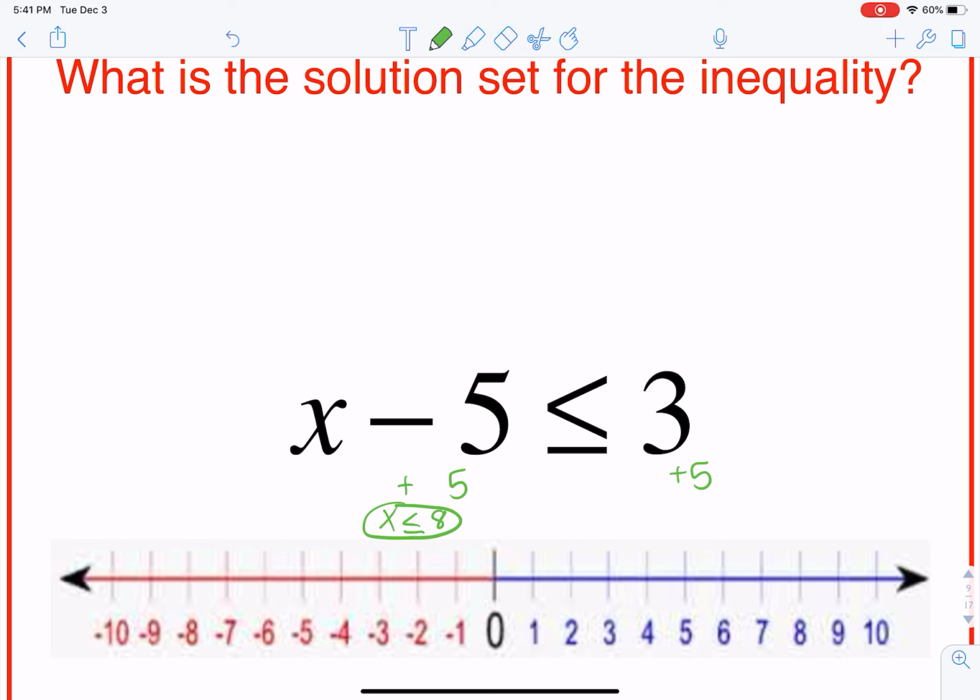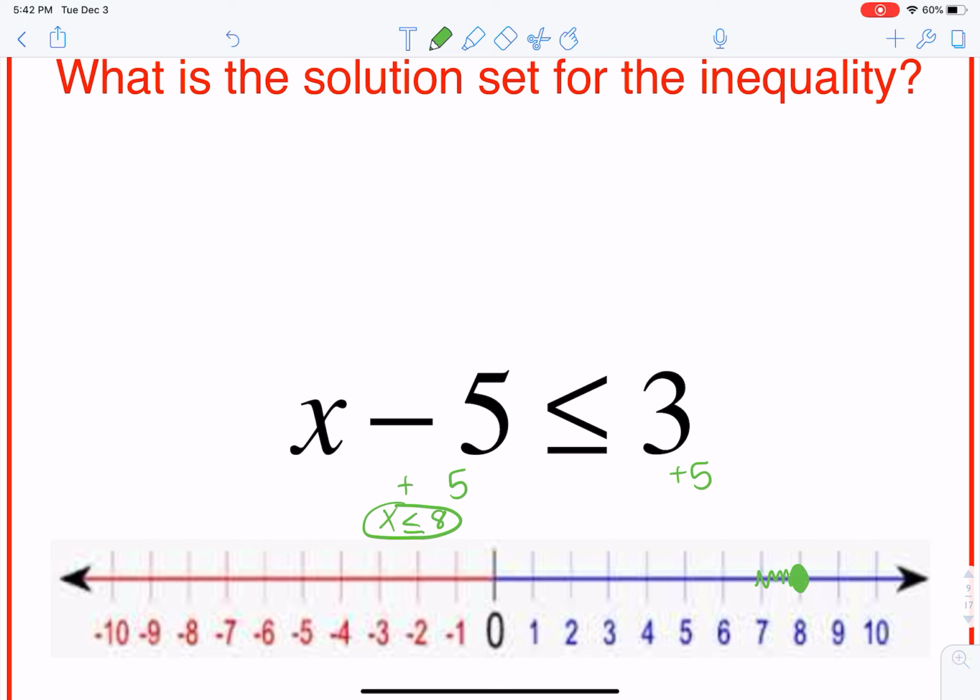And I can go ahead and graph this, and I can put a closed circle on 8, and shade all of my x values that are less than or equal to 8. That closed circle is because we have values that are equal to 8.